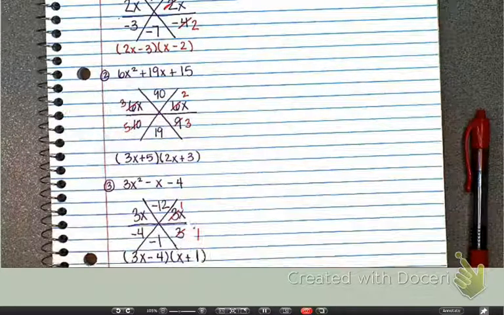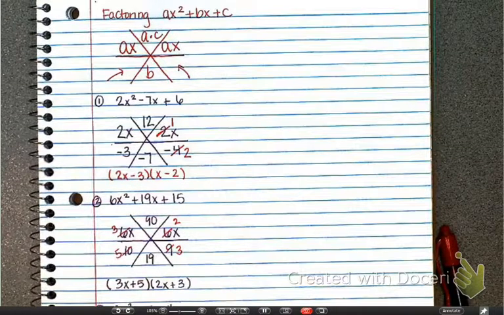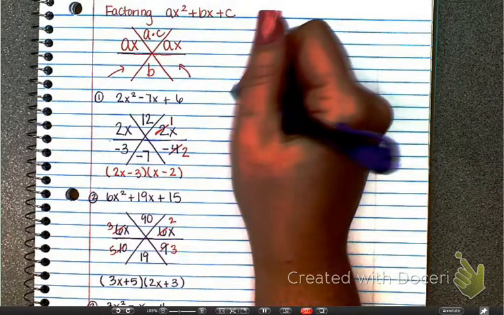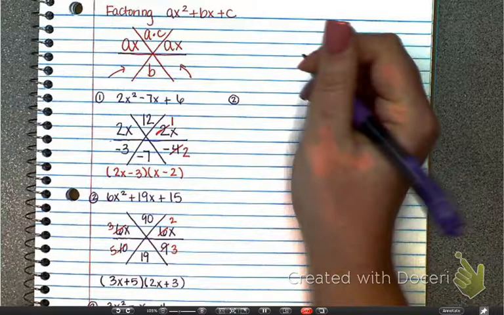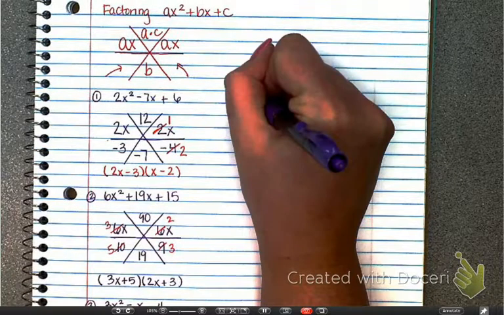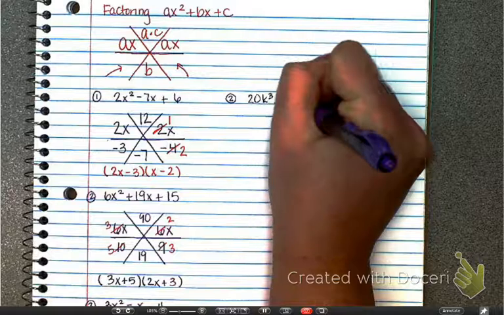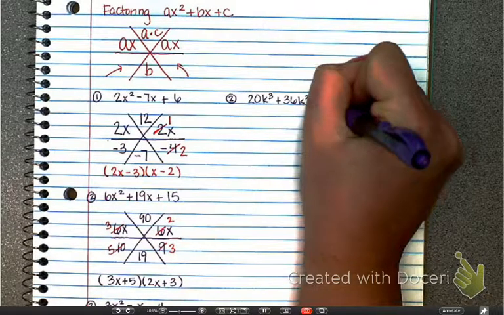Okay, we have 2 more problems. Do you want me to do them with you, or do you want to try both? Try both? Okay. How about 20k to the third plus 36k squared minus 72k?